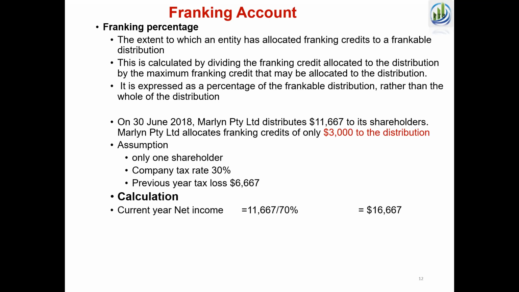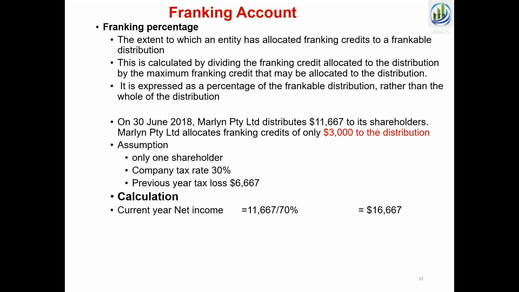So how much is the current year net income? You receive your net distribution of 11,667. So how much is going to be your actual income? 70%, because 30% tax was paid, and the balance is only 11,667. So the 70% is 16,667. That's the total income.